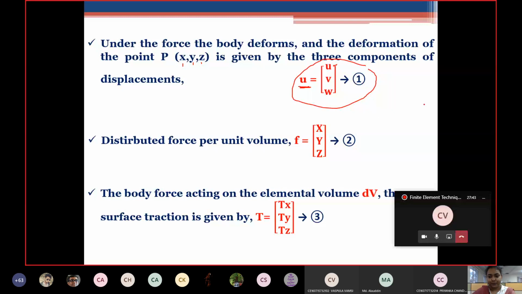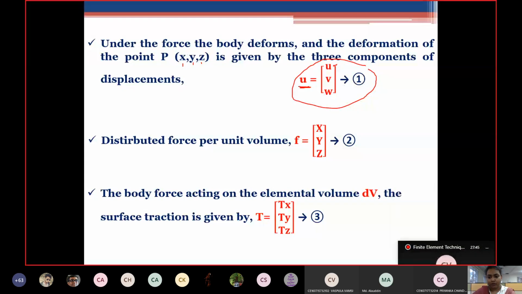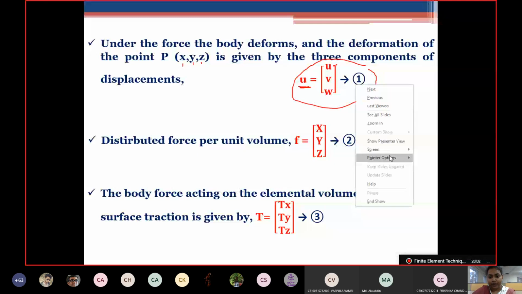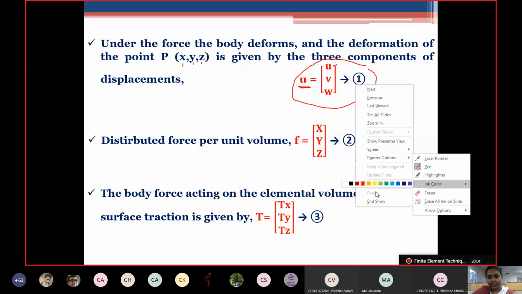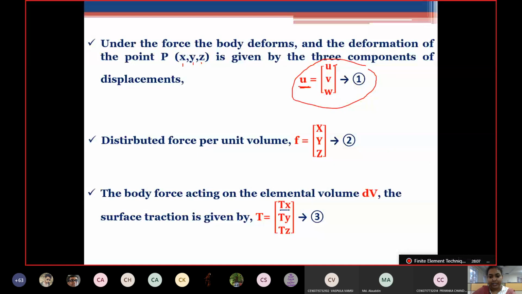The next one: the body force acting on the elemental volume dV, and the surface traction. Whatever the surface traction T we saw, that will be given by three components again. One will be T in x direction, the other one T in y direction, and the other one T in z direction. Are we done till now?